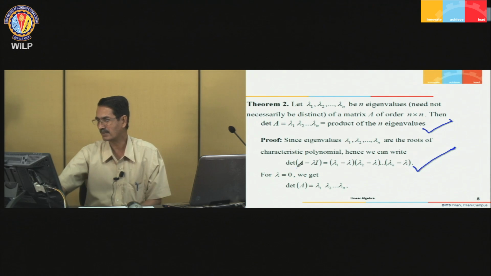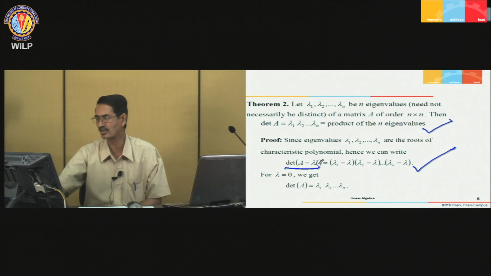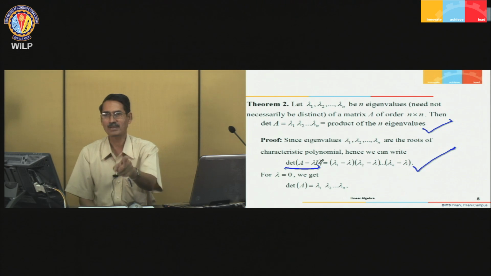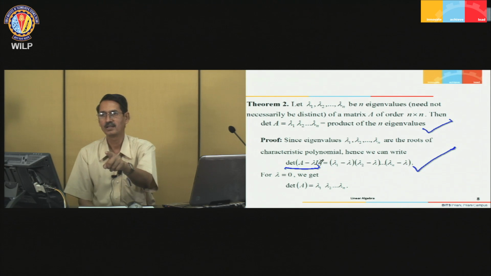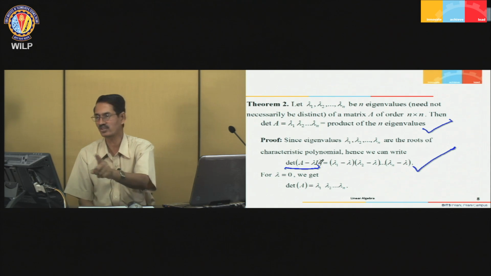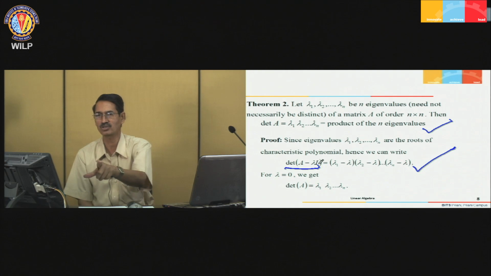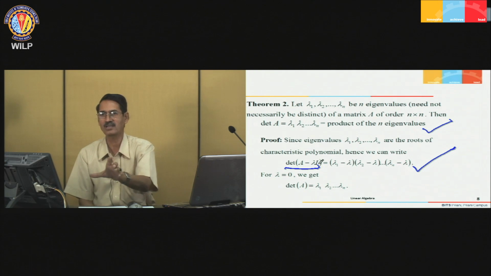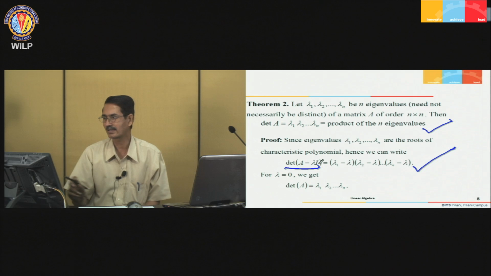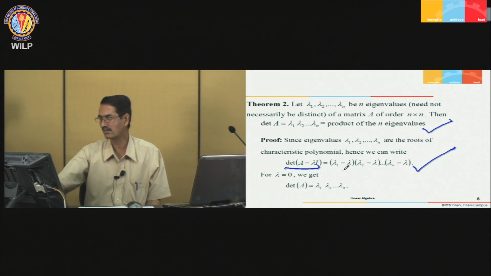Therefore, determinant of A minus lambda I is a polynomial of degree n, and lambda 1, lambda 2, up to lambda n are roots of this characteristic equation, determinant of A minus lambda I equals 0. Therefore, determinant of A minus lambda I must be written as lambda 1 minus lambda, into lambda 2 minus lambda, and so on, into lambda n minus lambda.